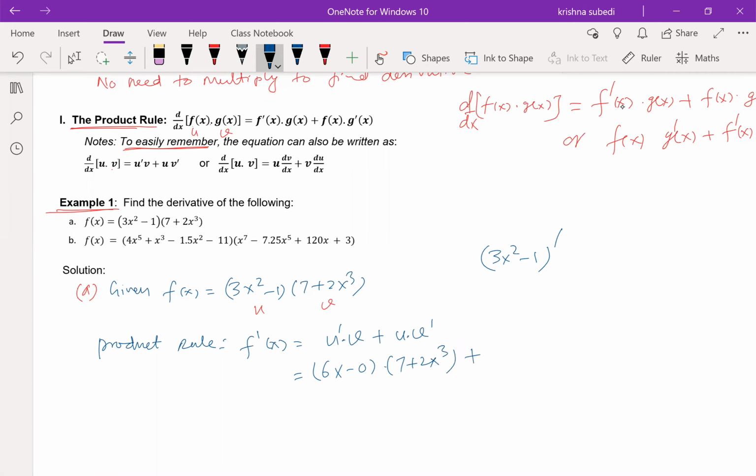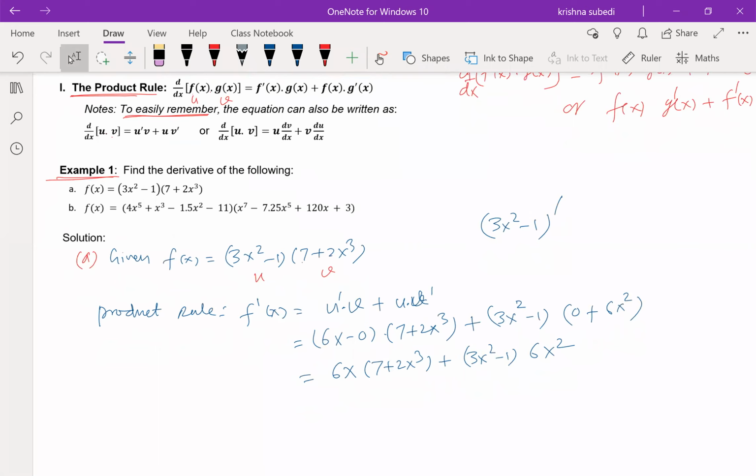Plus copy u, because u doesn't have a derivative, 3x squared minus 1, and find the derivative of v, which is v prime: the derivative of 7 is 0, plus the derivative of 2x cubed is 6x squared. So what we got here is 6x times 7 plus 2x cubed plus 3x squared minus 1 times 6x squared.